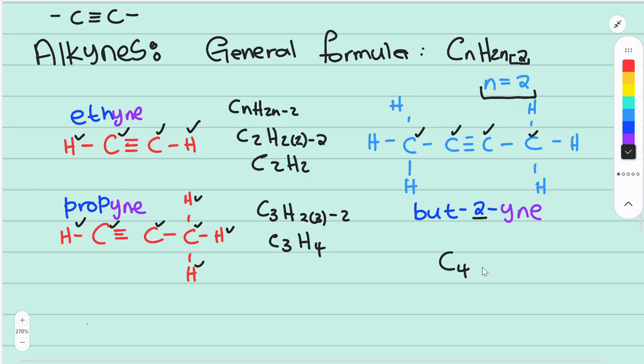According to the general formula, we say 2 times 4 minus 2. So 2 times 4 is 8, minus 2 is 6. So it's C4H6. Do we have 6 hydrogens? Let us count: 1, 2, 3, 4, 5, and 6. So indeed we do have 6 hydrogens, and that is it for your alkynes.